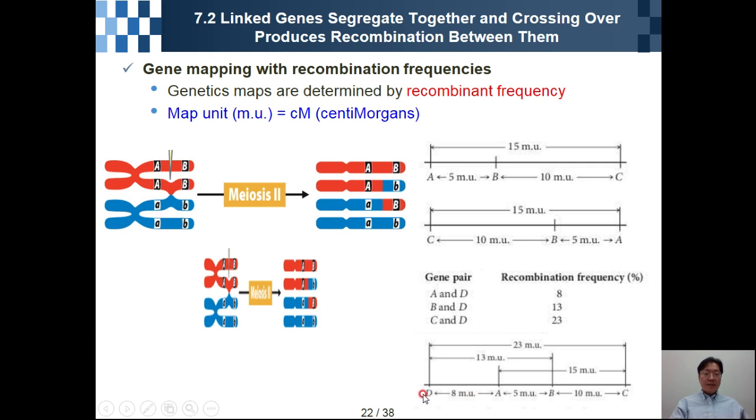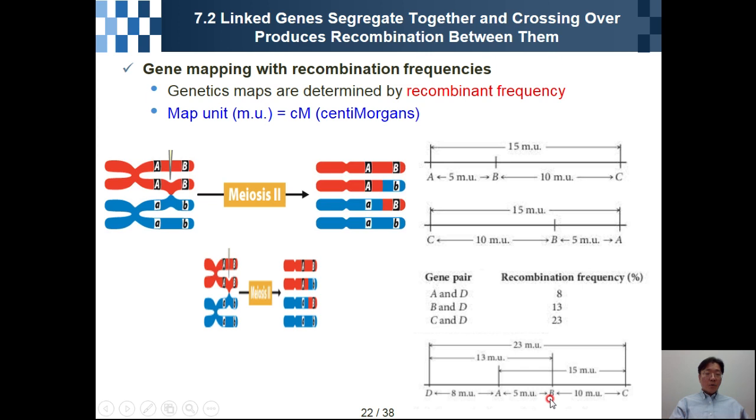So maybe D and C will be on the outside. A and D will be 8%, maybe 8 map units. How about B and D, 13%? It means B will be located here. This is B and D, 13.